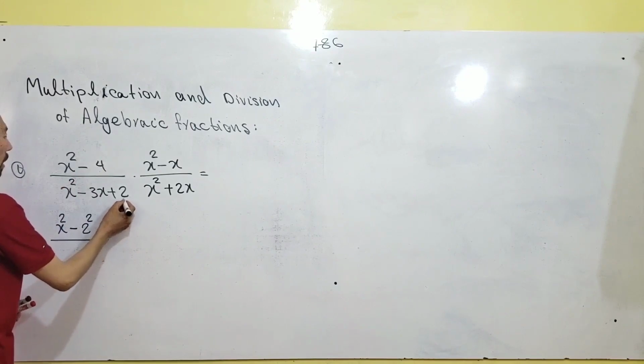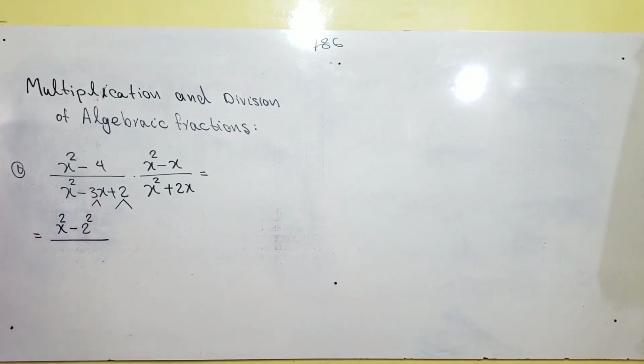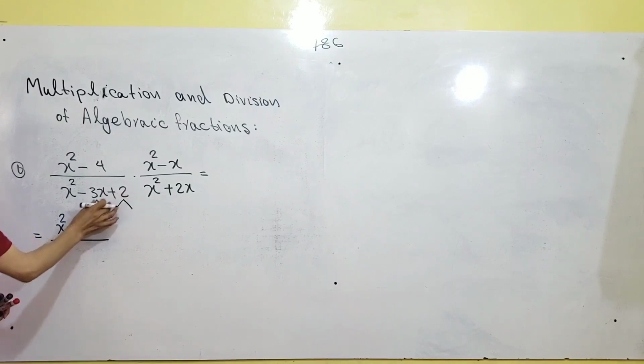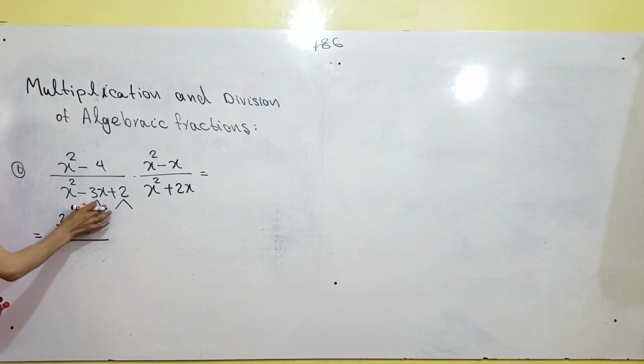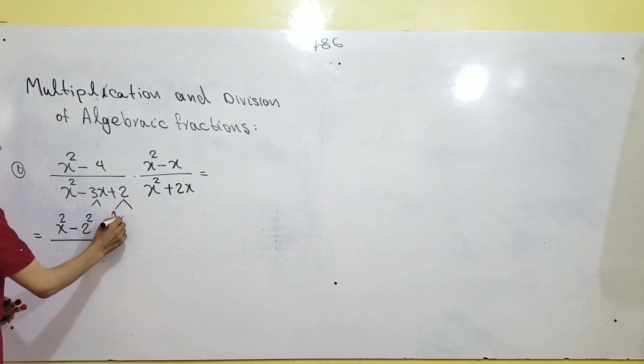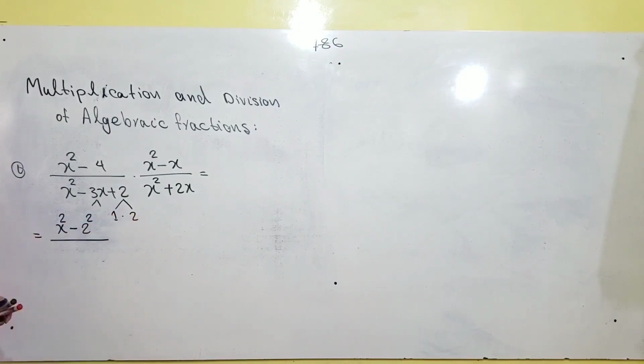Also, here we find two numbers whose product is 2 and whose sum is 3. For example, 1 multiplied by 2 is 2 and 1 plus 2 is 3. So the sign is taken from the coefficient of x.